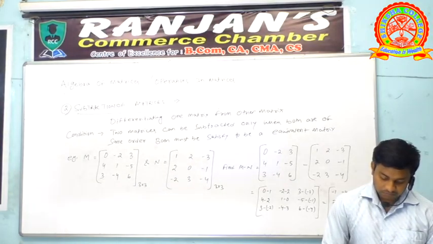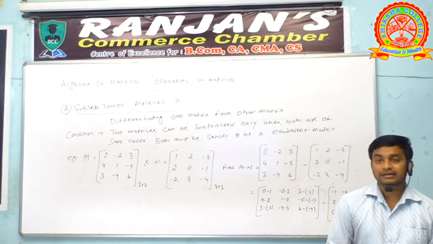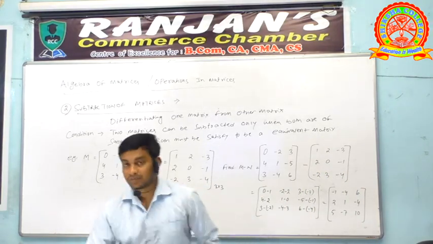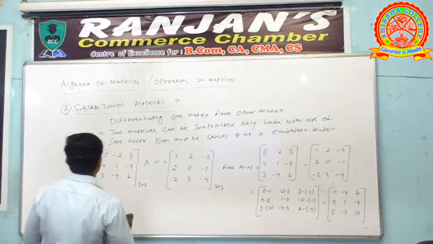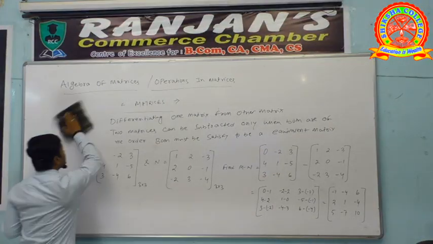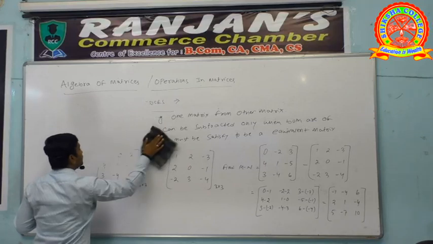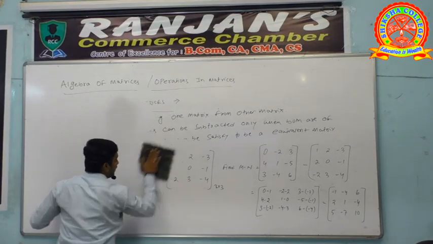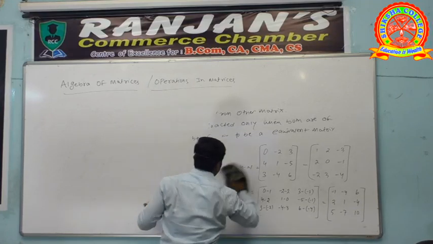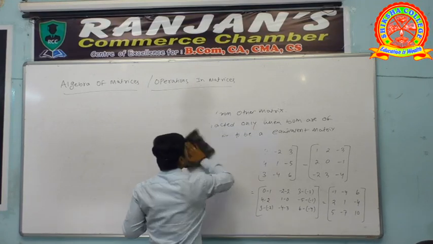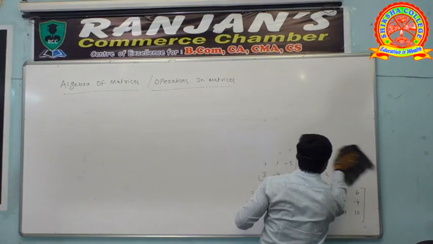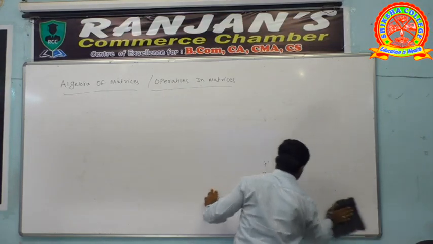we can go to the next operation, that is multiplication. I hope you all understand how to do addition, subtraction, and now you are going to learn how to multiply two matrices.